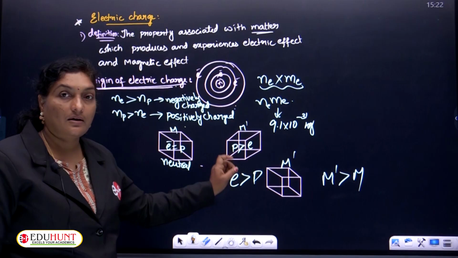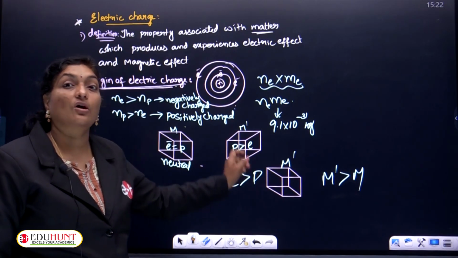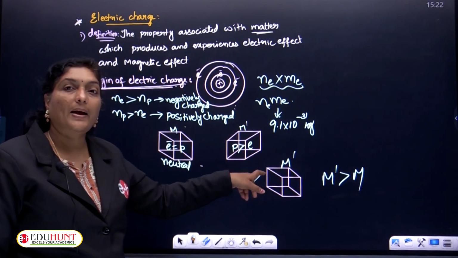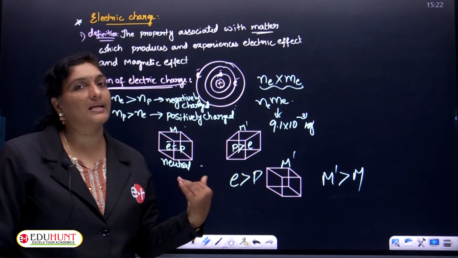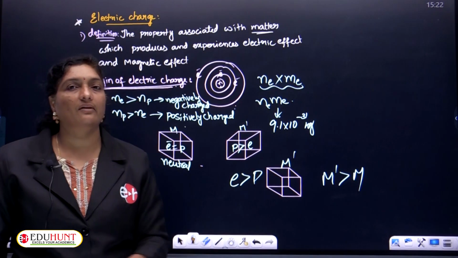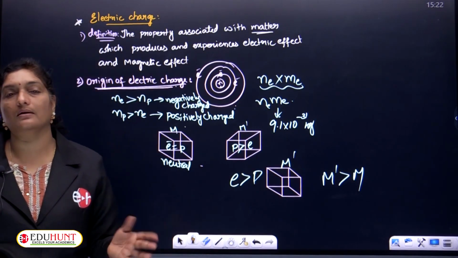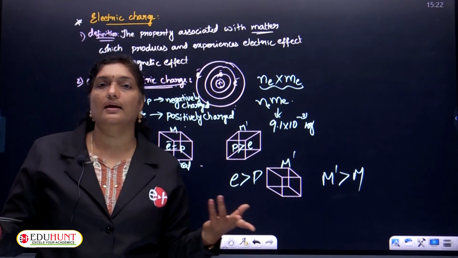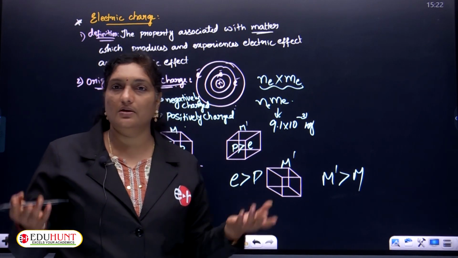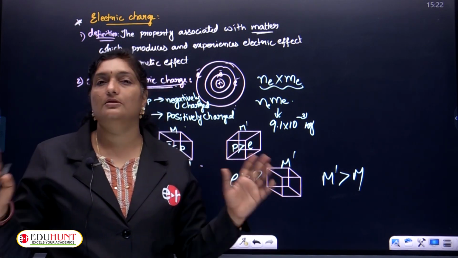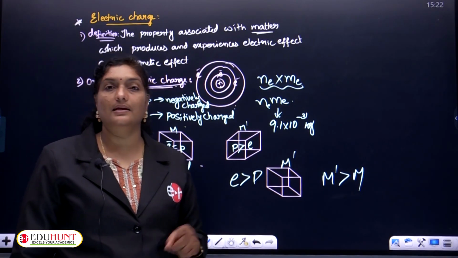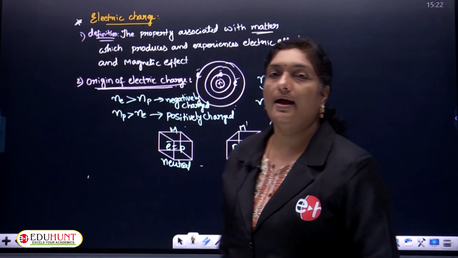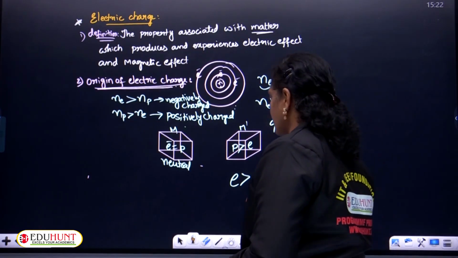And if after rubbing the number of electrons is more compared to the earlier case, that means it gains electrons, its mass slightly increases. And if even after rubbing there is no difference in the number of electrons or protons, it remains the same, meaning there is no disturbance in the mass. So, mass directly depends upon the addition and subtraction of electrons.